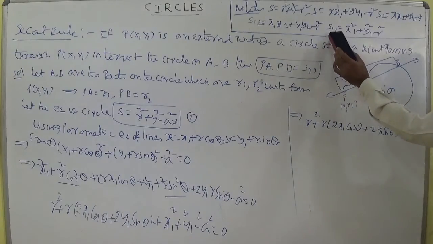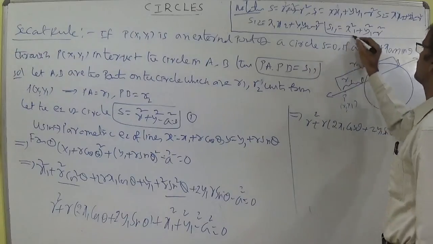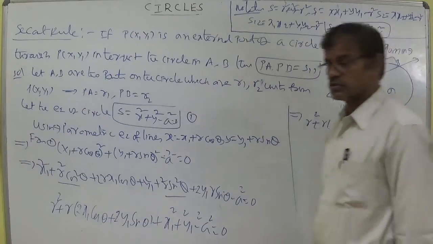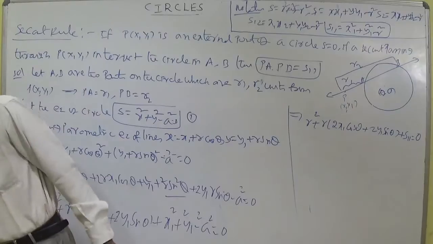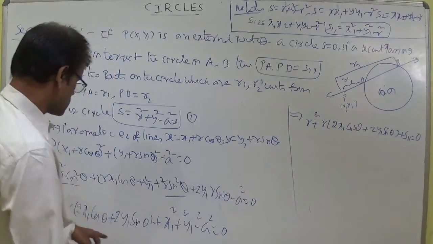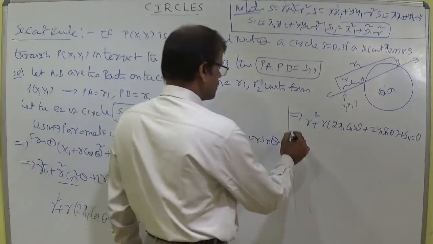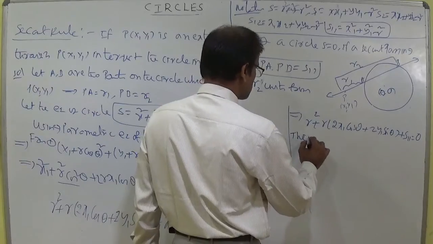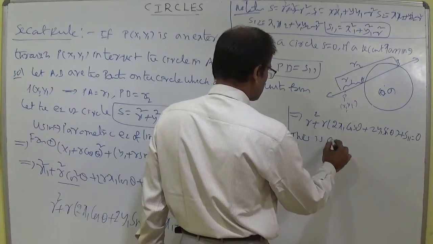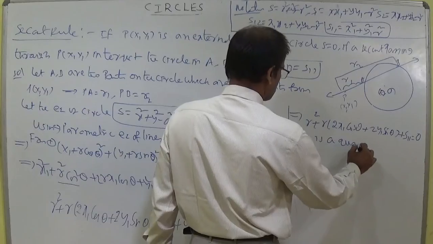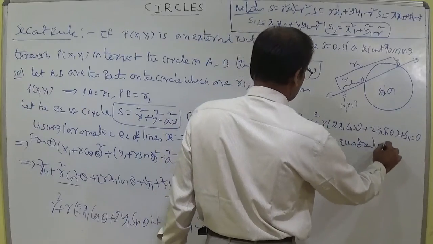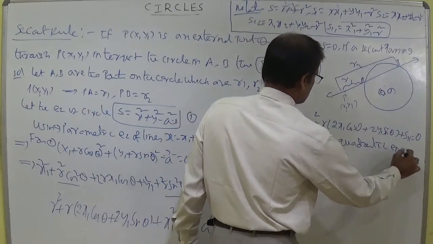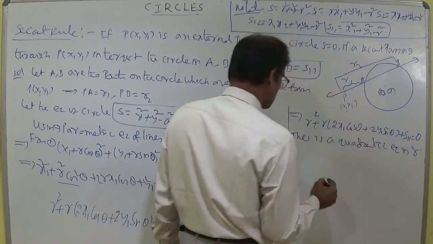Here I said x1 square plus y1 square minus r square, for the circle x square plus y square equal to r square. So here you can say that S11 equal to 0. Now you write here, this is a quadratic equation in r.